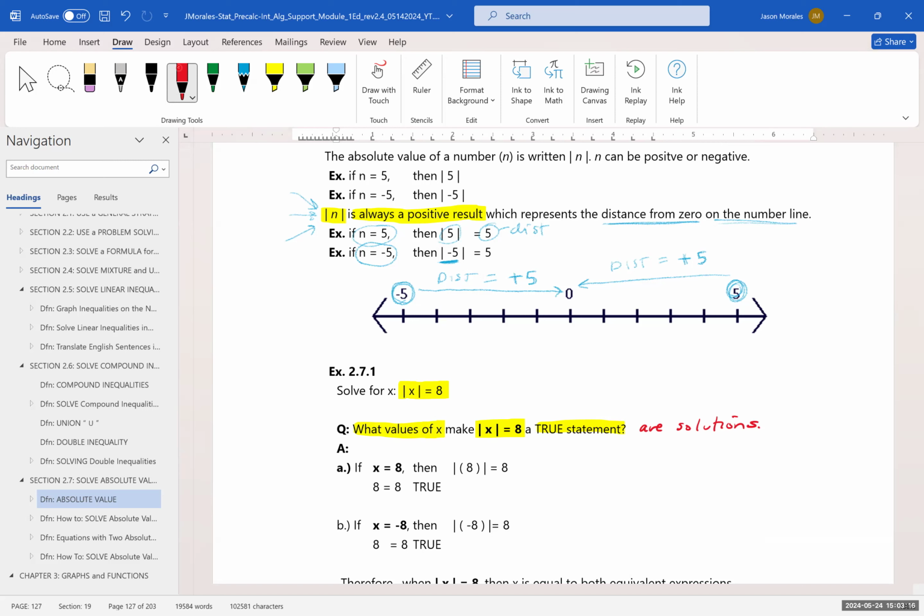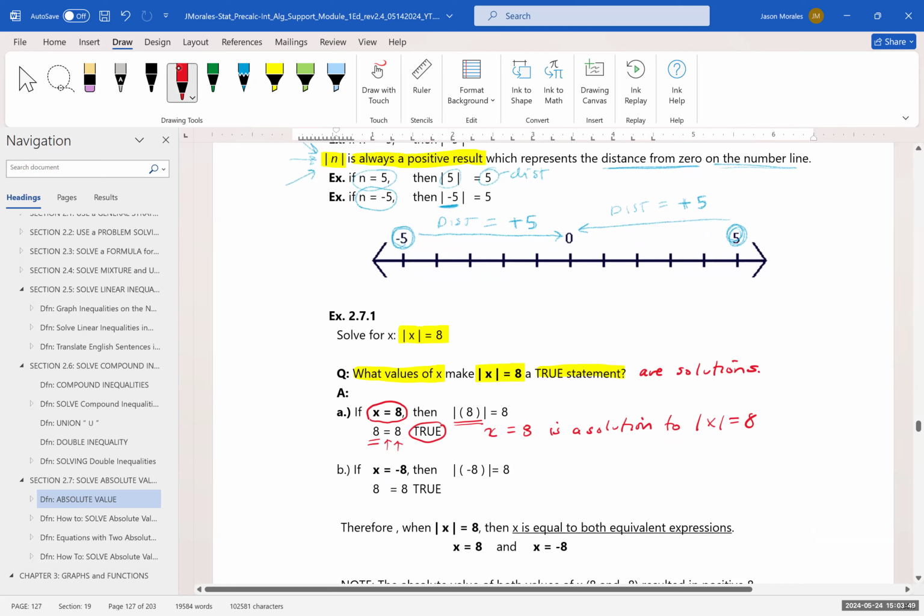Well, if we let x be equal to 8, then we have the absolute value of 8, which is just positive 8. And positive 8 equals 8. That's a true statement. So x equals 8 is a solution to the absolute value of x equaling 8.